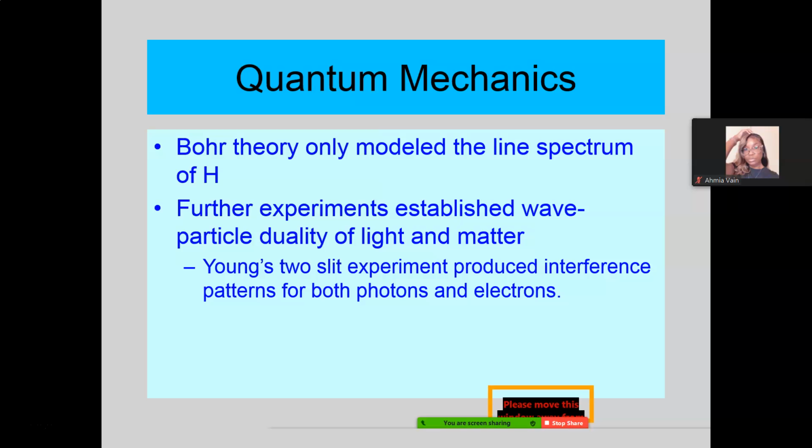He showed that by firing a beam of photons through the two slits and a beam of electrons through the two slits, you got interference patterns that looked fairly similar. What was different was that the distance between the slits had to be significantly different. But they did produce similar patterns.